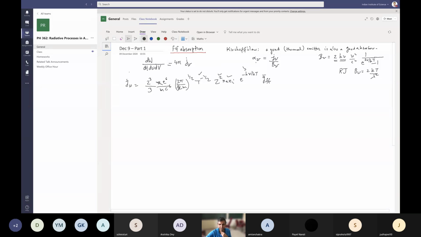So now we can actually calculate alpha nu. We know our B nu as well. So alpha nu free is just J nu free divided by B nu. So what does it give you?